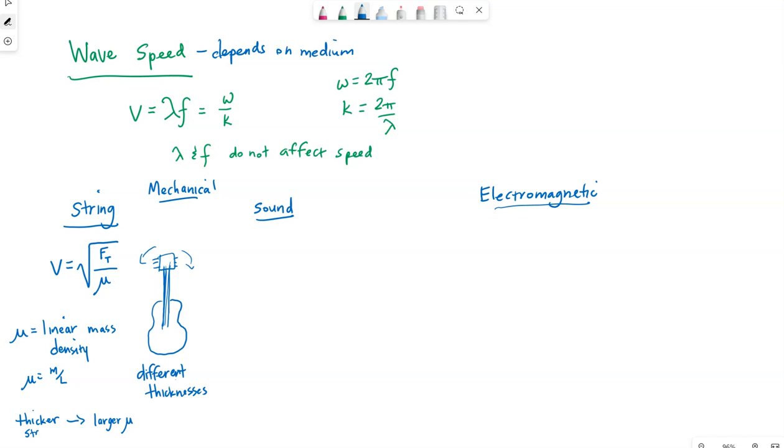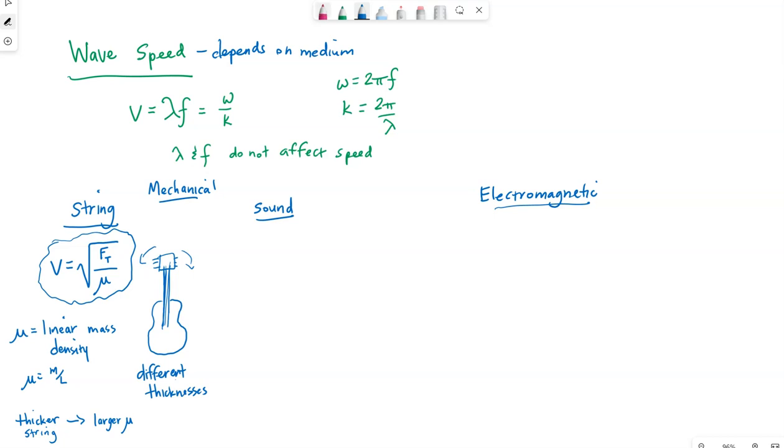So for the thicker strings, the speed is smaller because mu is bigger. That smaller speed corresponds to a lower frequency, and so the thicker strings actually play lower pitched notes, which we'll talk about more in the next chapter. Ultimately, the speed of the wave on a string depends upon the tension in the string and upon the linear mass density of the string.